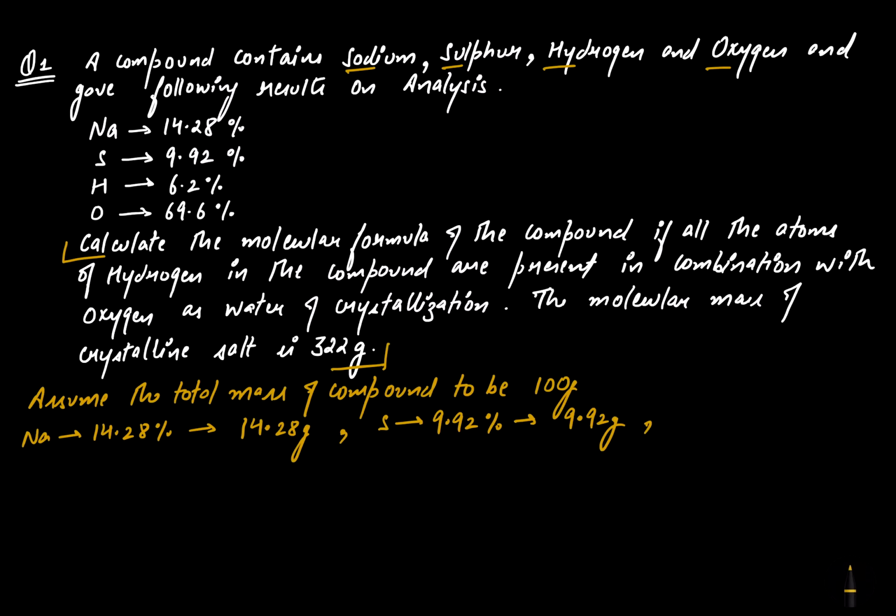My hydrogen is 6.2%, or you can take it like 6.2 grams. And finally my oxygen is 69.6%. It comes out to be 69.6 grams.